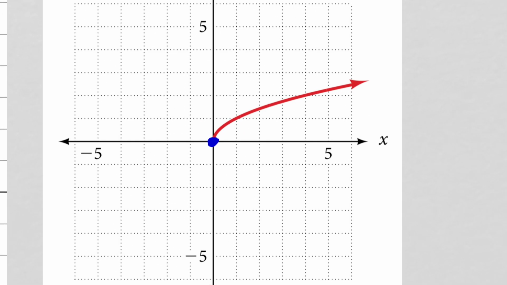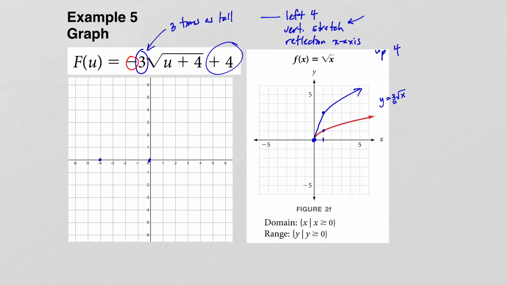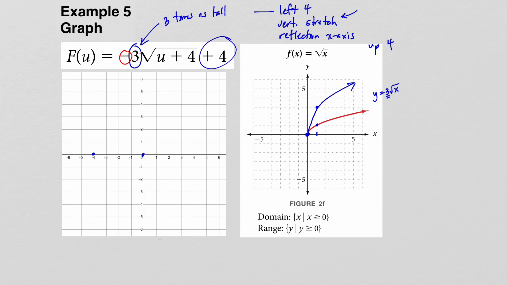Well, if you zoom in here, on this graph, I go 1 unit to the right of the vertex, the graph is 1 unit tall. So if we were graphing 3 times the square root of x, what the 3 would do is it would make that point 3 times as tall. And so what it does is it just makes the whole graph taller, okay? So that's what that 3 is going to do. So we'll do that when we actually do the graph.